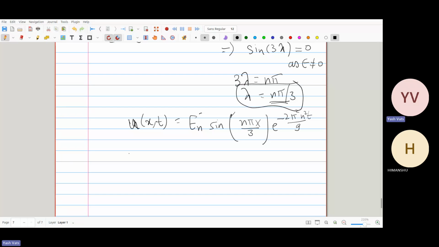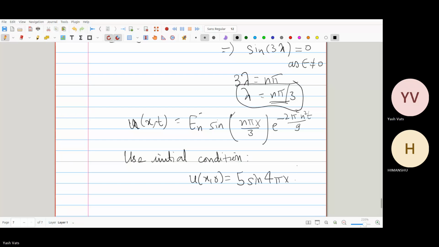Now you have to use the initial condition. u(x,0) equals 5 sin(4 pi x).